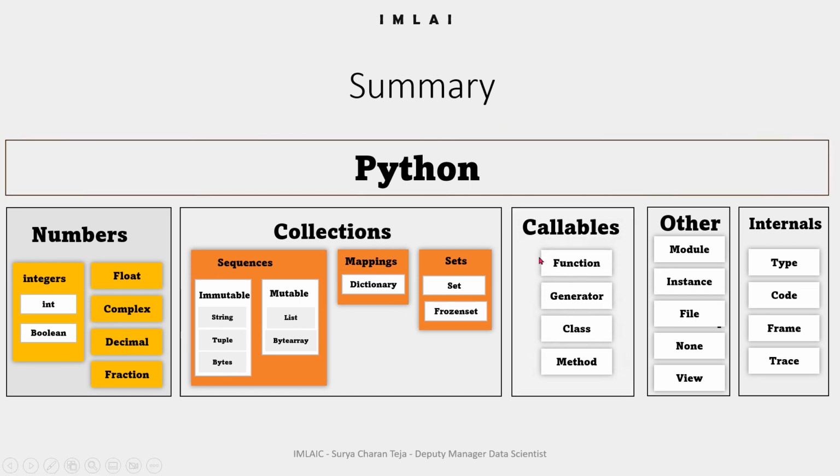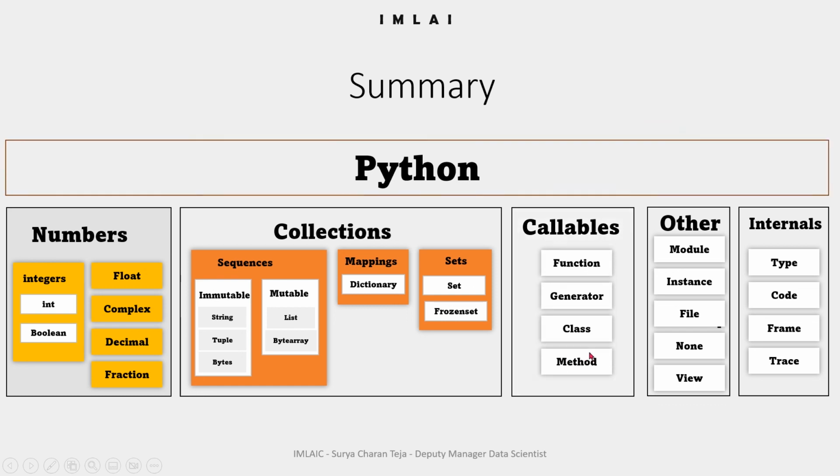Then the third category is callables, in which we will find the function object, the generator object which can be generated with yield, and the class object, which is the blueprint to create many objects.